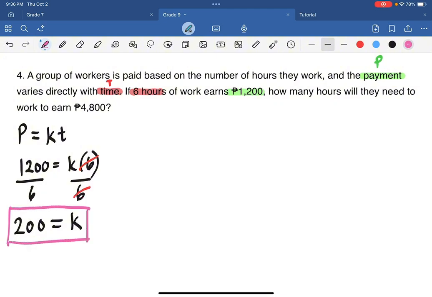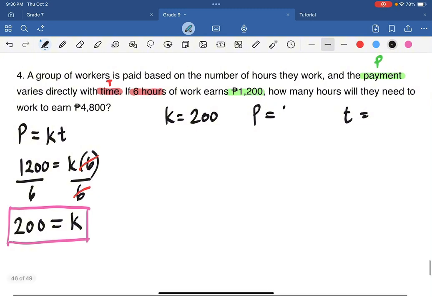Let's write the given values. So K is 200, and P and T. Based on the second part of the problem, how many hours will they need to earn 4,800? So the payment is given.